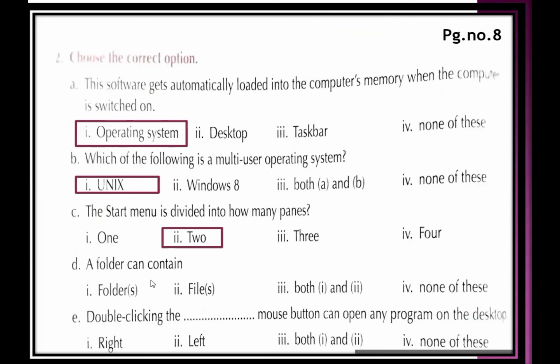Yes, Manha, Harim, your answers are right. A folder contains both 1 and 2. A folder consists of files and also folders as subfolders. So a folder can contain both files and folders.